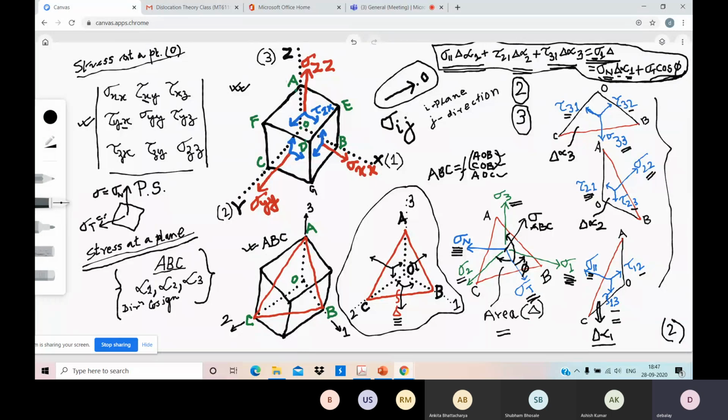So on the principal plane, the stress that is acting is fully normal stress and there is no shear stress. Very important consideration. For example, when we do a tension test, suppose I consider a uniaxial tension test. This is my specimen.